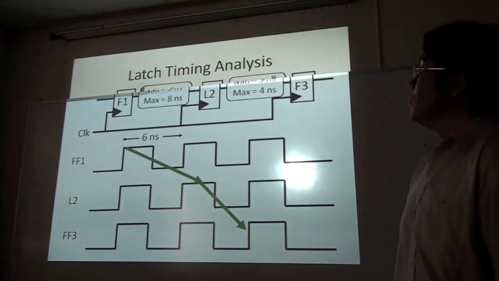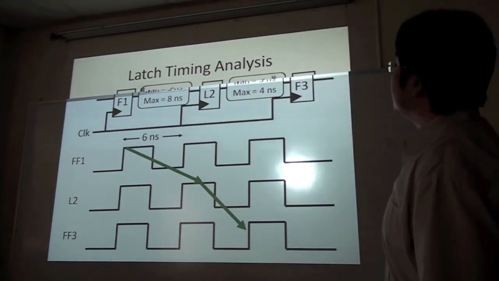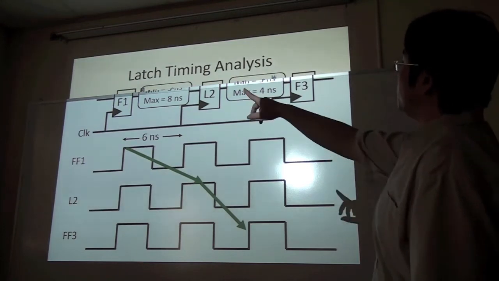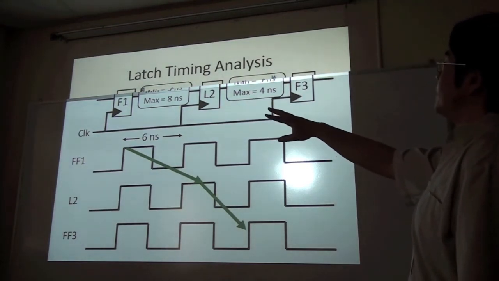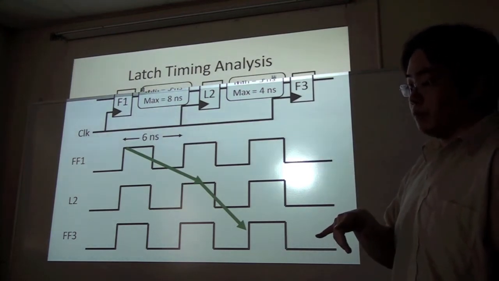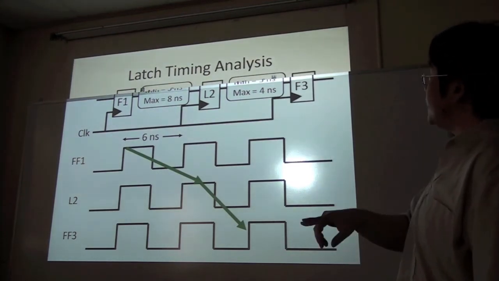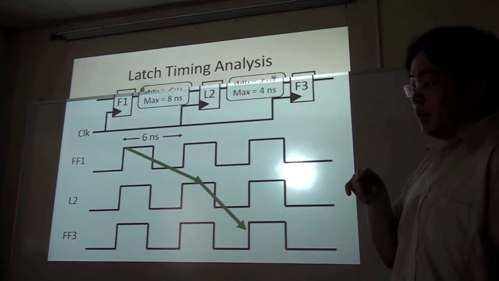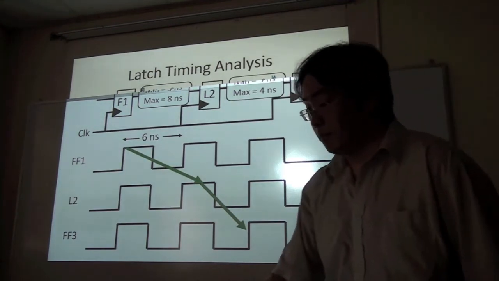What I'm trying to show here is what happens if we have a 3 nanosecond delay between flip-flop 1 and latch 2, and a 3 nanosecond delay from the second latch to the third flip-flop.